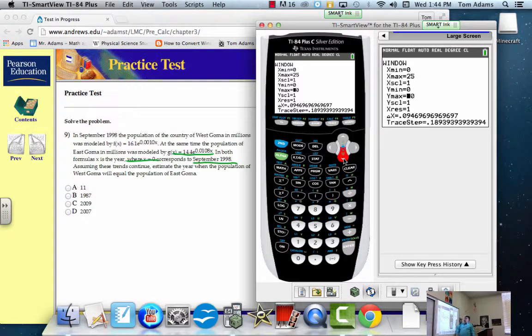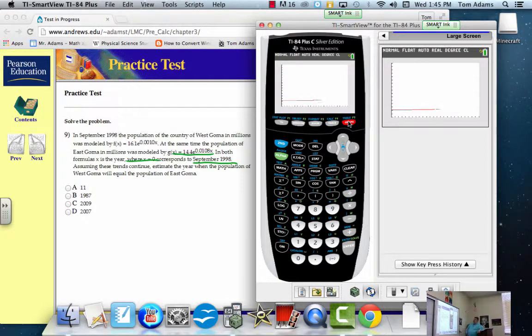So I'm going to leave my y minimum at like 14. And then I don't know how big it'll be, but I'm guessing probably 30, right? Because those are very small numbers in the exponentials. They're less than 1. So I'm going to say 30, and then I'm going to graph it and see what the graph looks like.